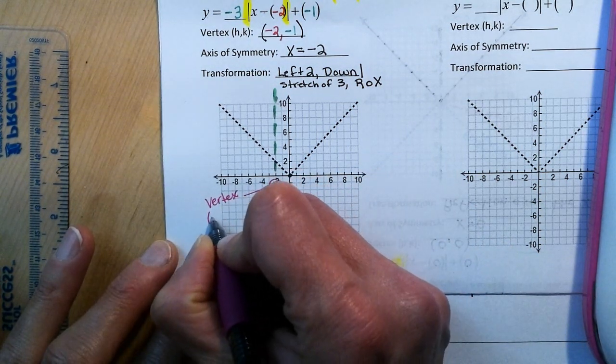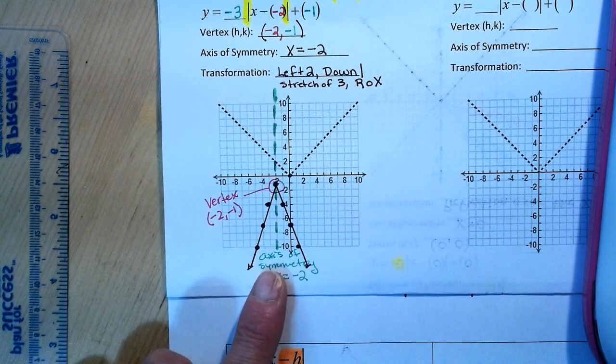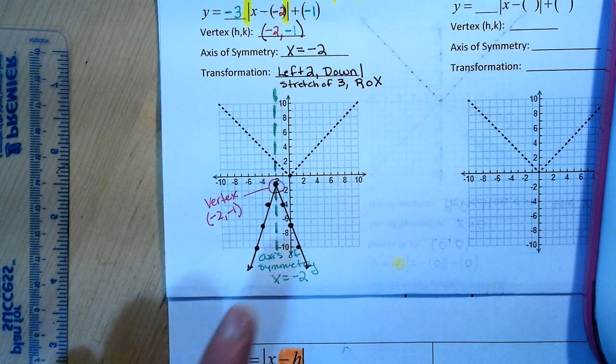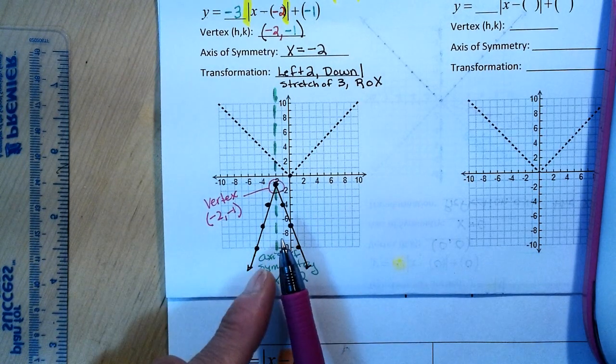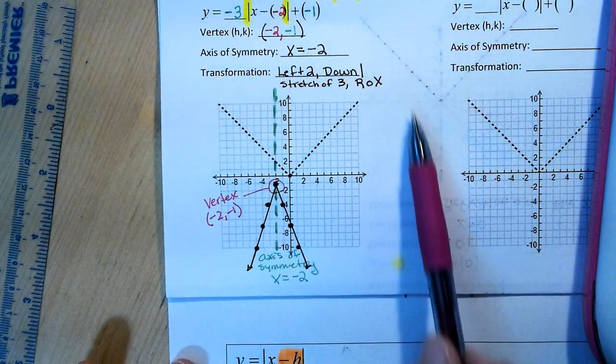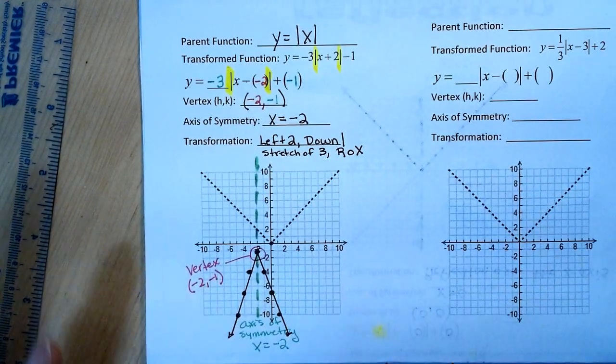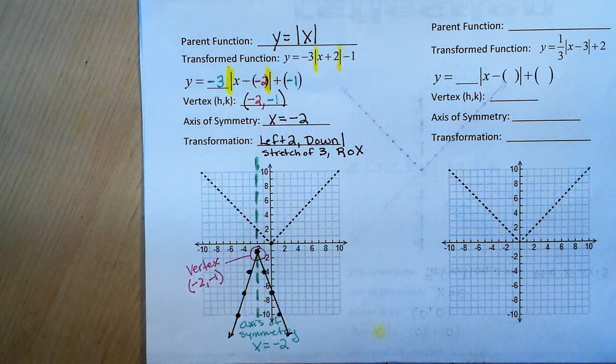That's at the point -2, -1. I already did my axis of symmetry. You can see it got skinny and it also went upside down. So that's putting all of everything together that we looked at in their individual parts together as one. And we got one more of those to do. So let's do one more in the next video.